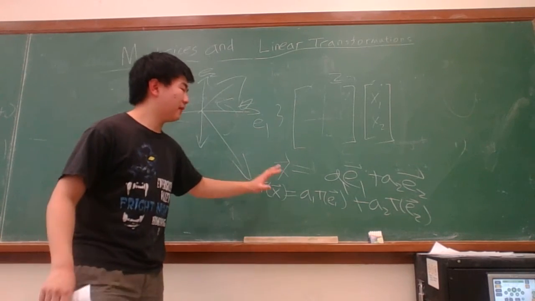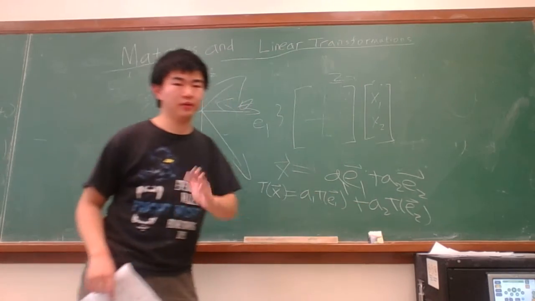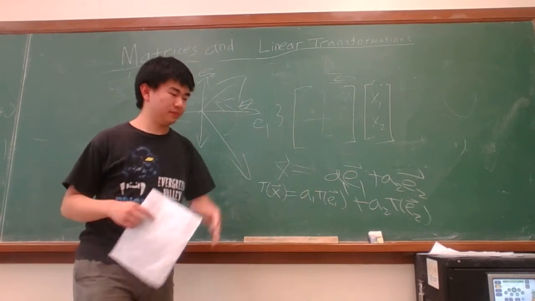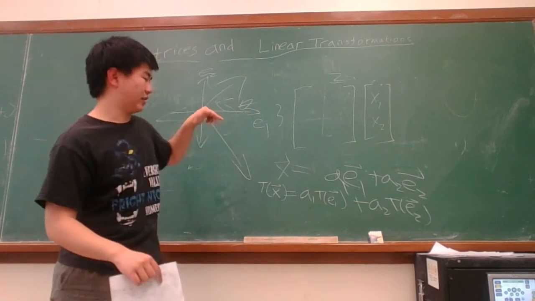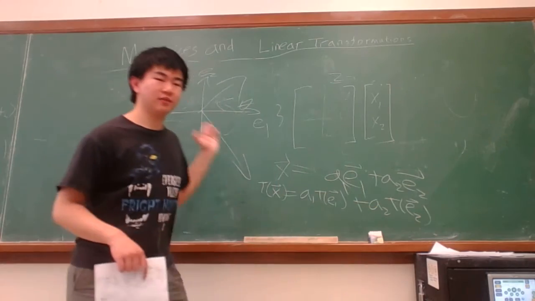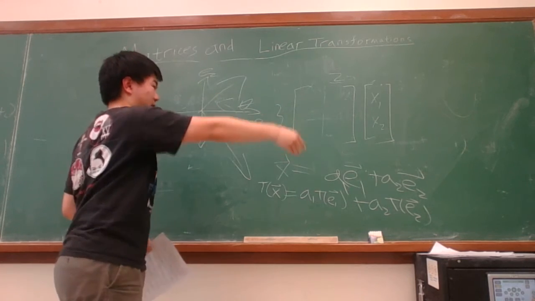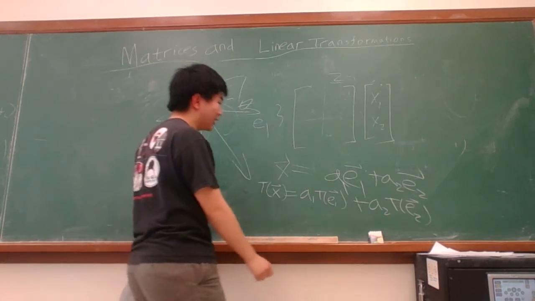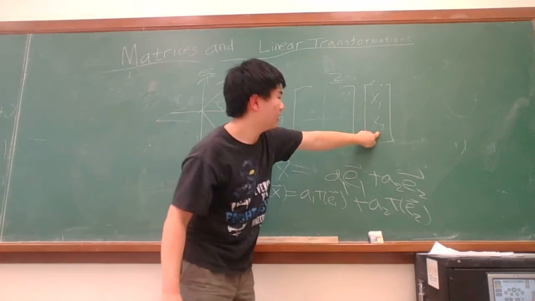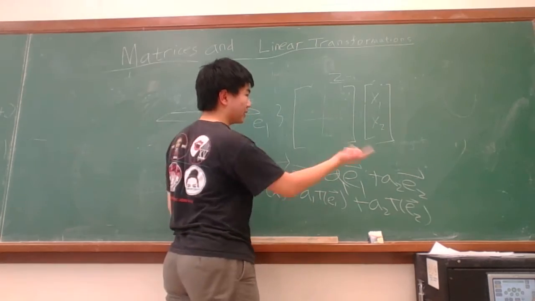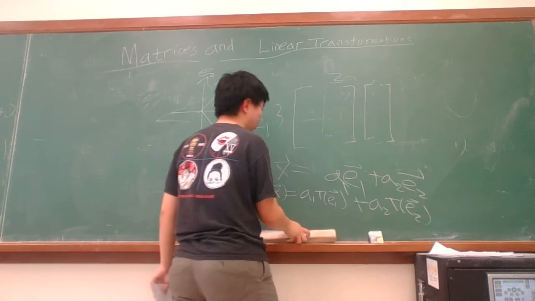So if you're going to retain the same structure essentially of the vector, this standard basis vector gets transformed to something, this standard basis vector gets transformed to something, and this is going to take the linear combination of both of them, which is what happens when you multiply this and this. So in this case, A1 is just X1, right? So let me just change this to A1 and A2 for consistency.